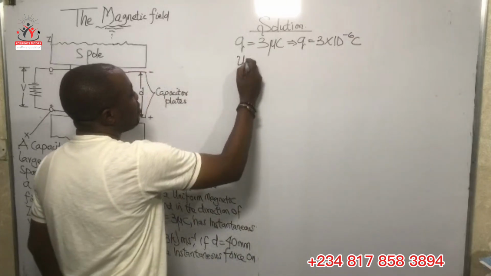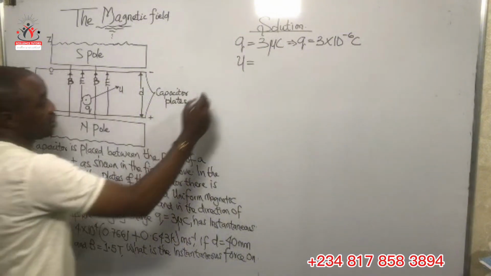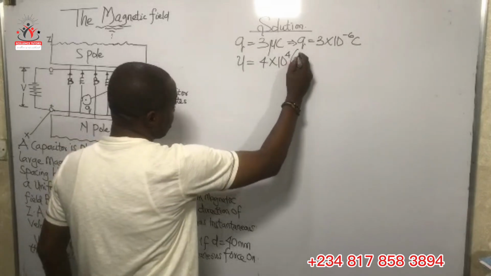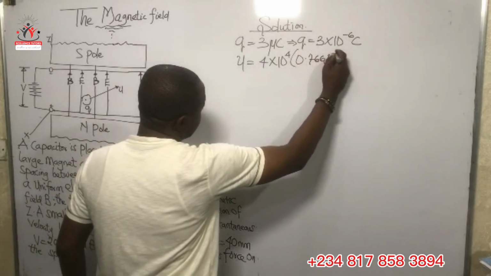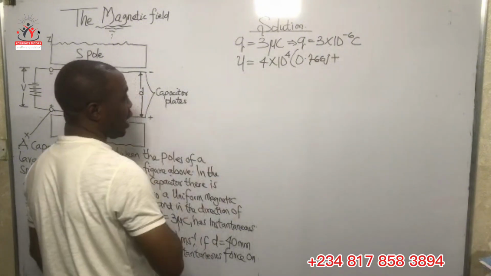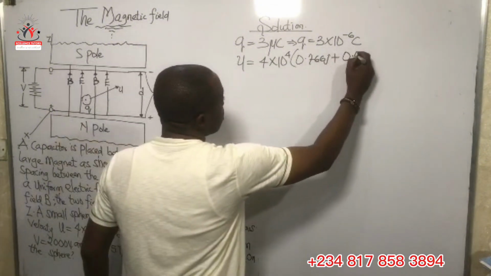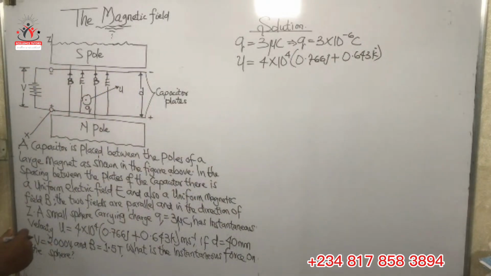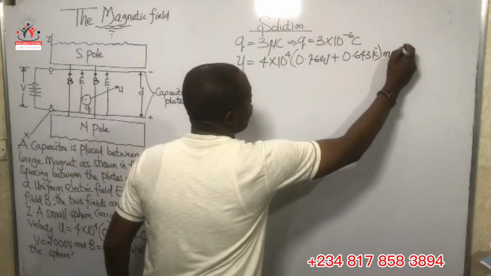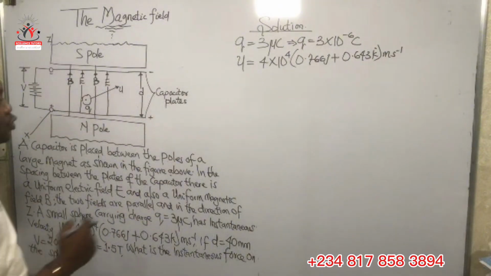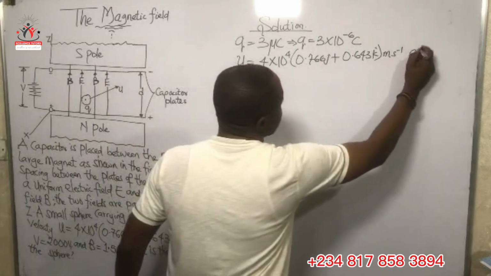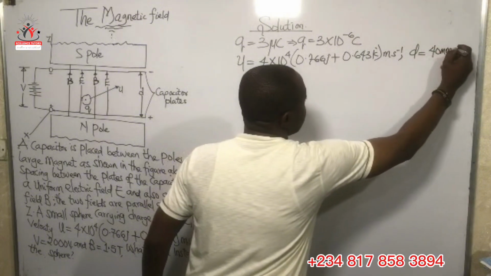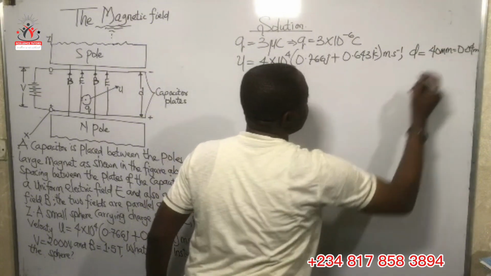Then we're also given the instantaneous velocity, which is 4 times 10 raised to the power of 4, open parentheses, 0.766 J, which is the unit vector in the y direction, and 0.643 K, which is the unit vector in the Z direction. The units are in meters per second. We're also given the distance between the plates of the capacitor to be 40 millimeters, which will be 0.04 meters.